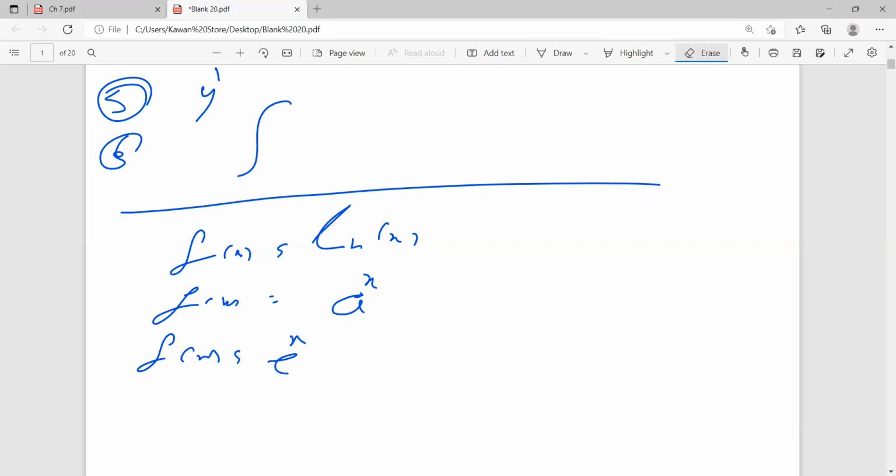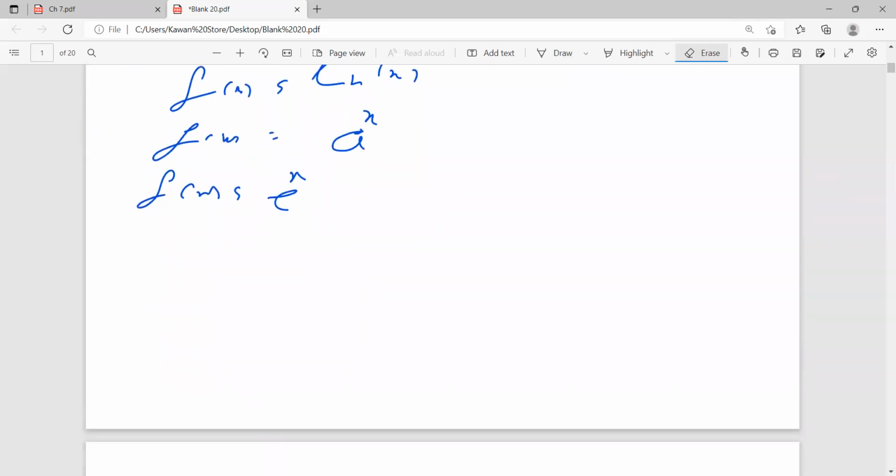So first of all, as we mentioned, the important thing for us is the graph. After sketching the graph, we know how to find the domain and range. Am I right? Just by the shadow of the graph, we know how to specify the domain and range of the function. So here we are with e to power x.